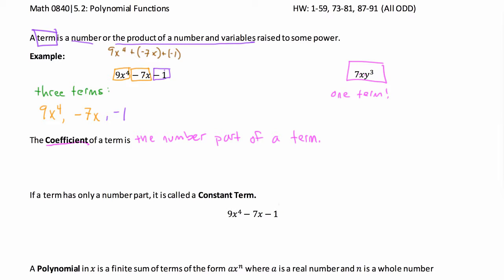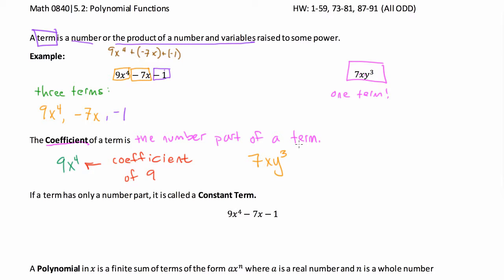So that means, for example, if I have this term from up there, 9x to the fourth, the coefficient of this term is 9. So just the number part. This has coefficient of 9.